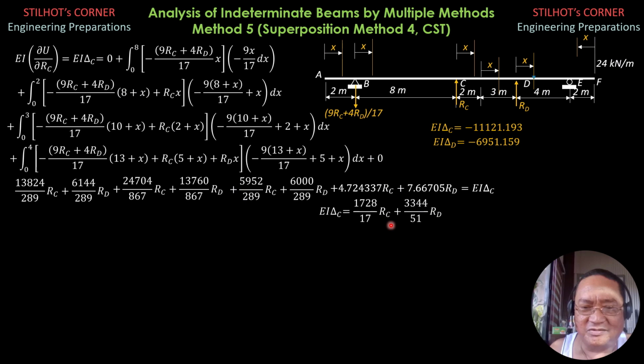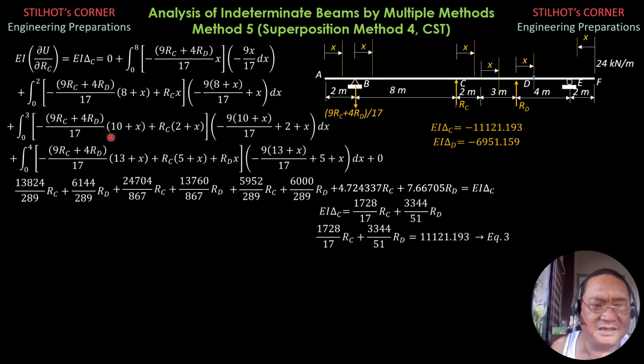Supposedly this is positive, so we equate it to the positive value due to the load, 11,121.193. So we have the first equation, 1728 over 17 RC plus 3344 over 51 RD is positive 11,121.193. Call that equation 3.